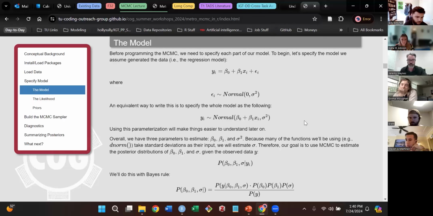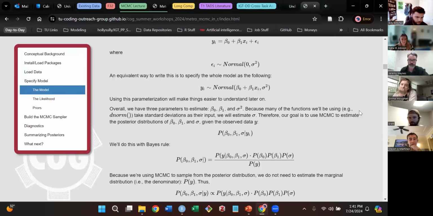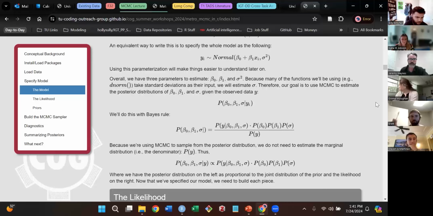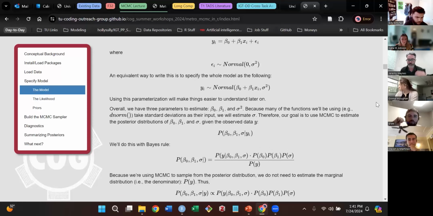It's an equivalent way to state what we have up here, essentially. And we have three parameters that we're going to estimate: an intercept, a slope coefficient, and a variance. Because R uses functions that take standard deviations, we're just going to worry about the standard deviation, the square root of the variance. So these are the parameters that we are estimating.